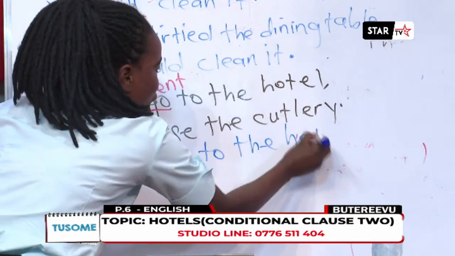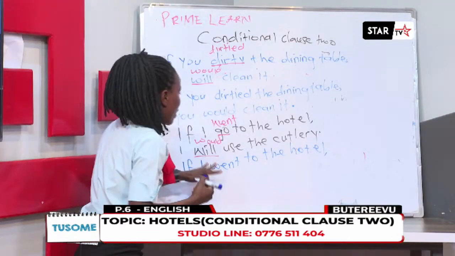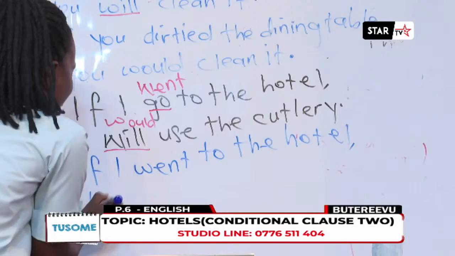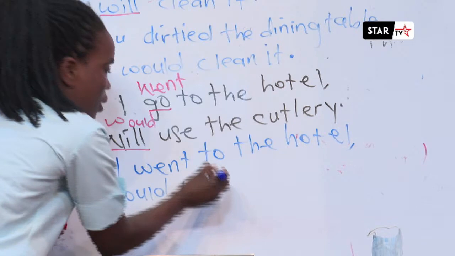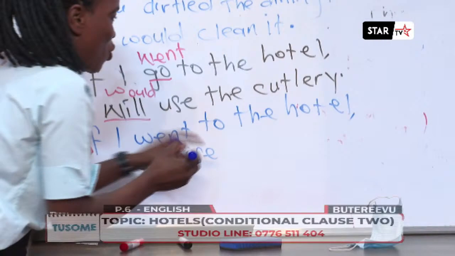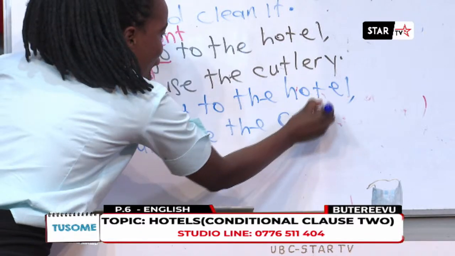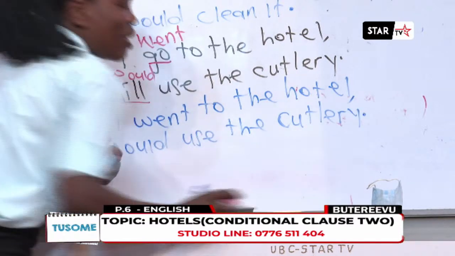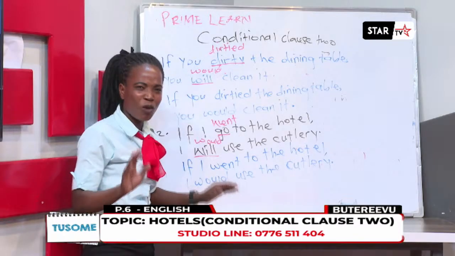If I went to the hotel, don't forget a comma, my precious viewer. If I went to the hotel, I would use the cutlery. Don't forget the full stop. I'm so delighted that you are following.